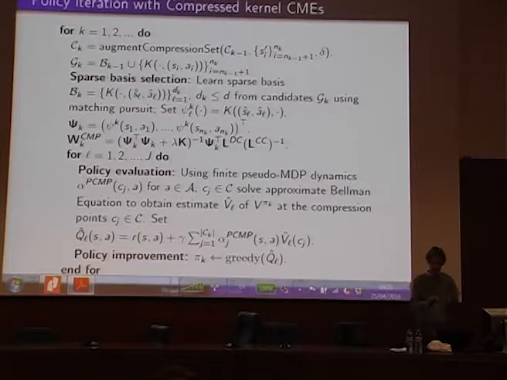I'm not going to go into the detail of this, but this is basically the algorithm that follows from that, of learning and some sparsification using matching pursuit. But essentially you're learning from experience what the effects of your actions are, and then learning to optimize the reward. This R here is the reward, and then there's policy improvement that you can follow to improve the reward that you get.